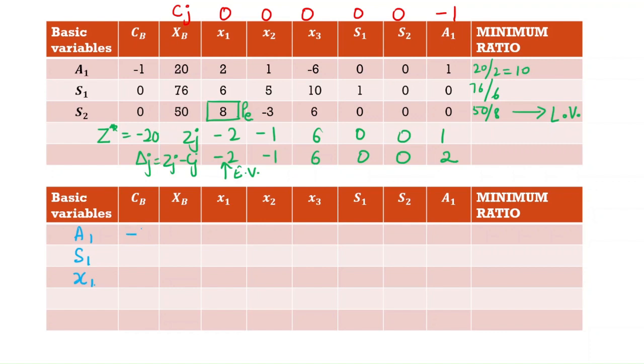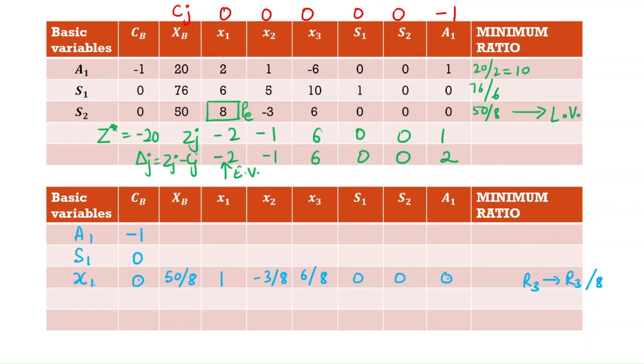So the cost remains same, minus 1, 0. x1 would be again 0. So as 8 is the pivot element, we'll be dividing the whole row. Row 3 goes to row 3 divided by 8. So we'll be having here 50 by 8. This is 1, minus 3 by 8, 6 by 8, 0, 0, 0.